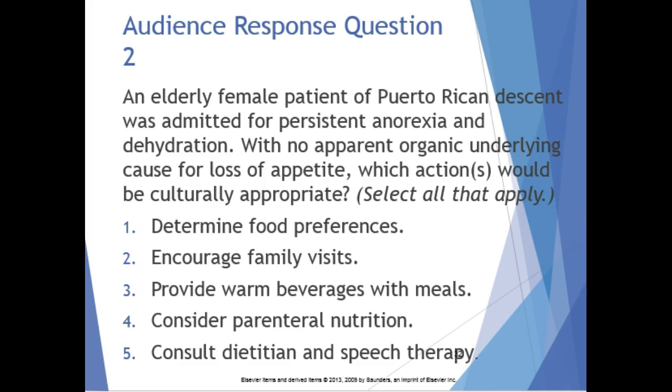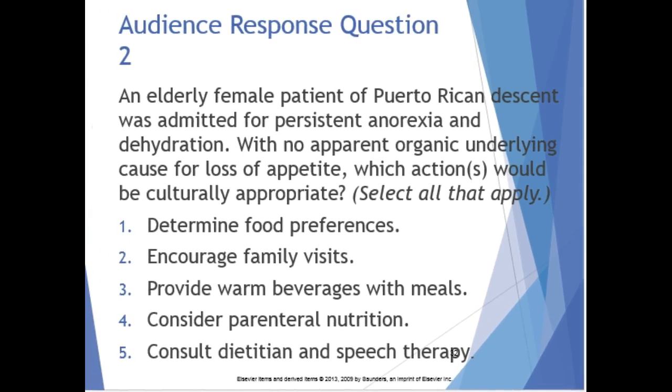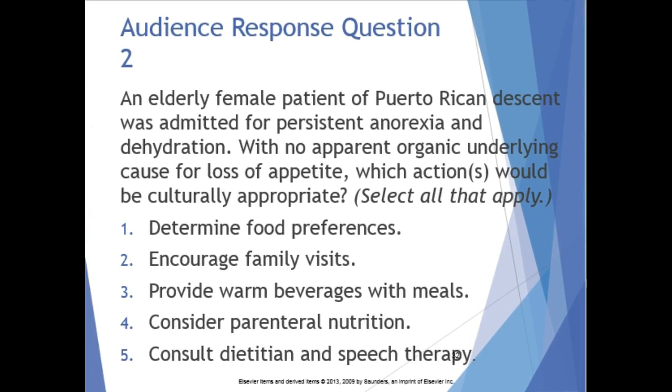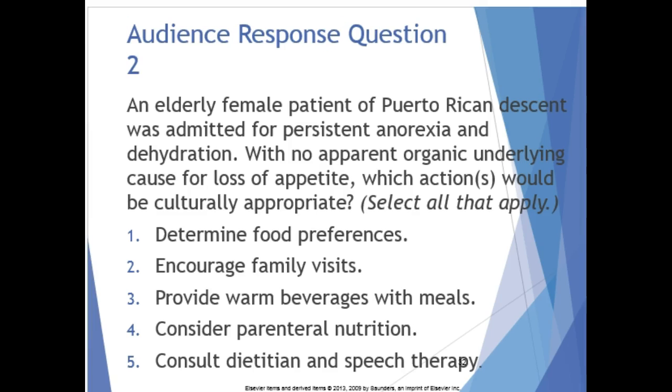Encourage family visits. Provide warm beverages with meals. Consider parenteral nutrition, or consult dietitian and speech therapy. Again, the correct answers would be 1, 2, and 3.